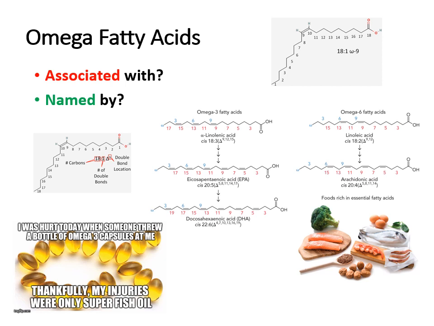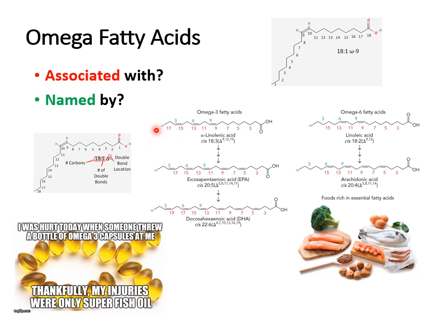Now, what's interesting with the omega fatty acids is we just went over the terminology for how to identify the different parts of how a fatty acid is labeled. And so when we're talking about omega fatty acids, the most common one that you've probably heard of is omega 3. Sometimes you hear omega 6 or omega 9. The way that they are labeled is based on this end carbon here.